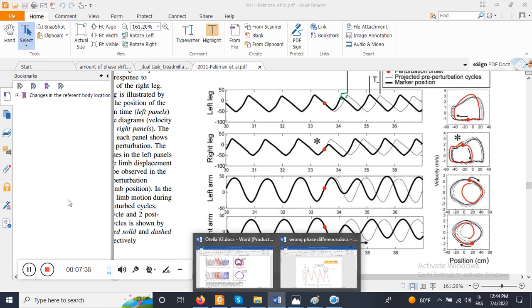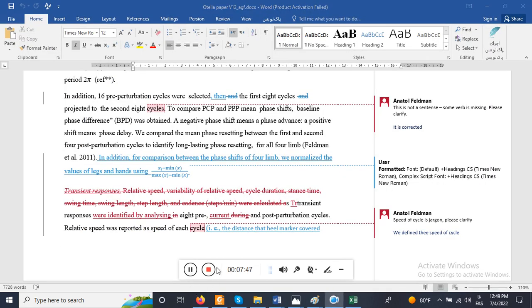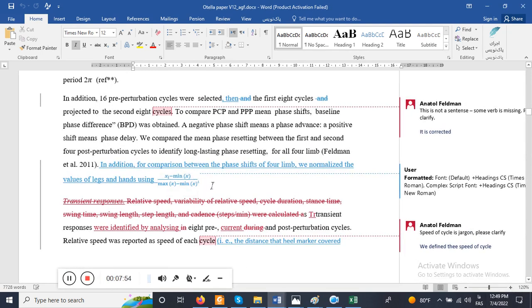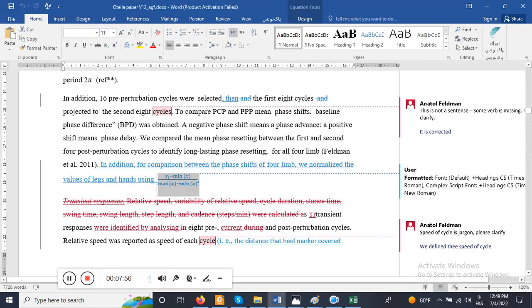So we decided to use the standardized value of legs and hands for comparison before statistical analysis. So we decided to use this formula here for standardizing the 4 limbs, and then we did a statistical analysis.